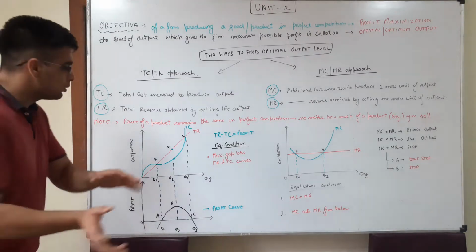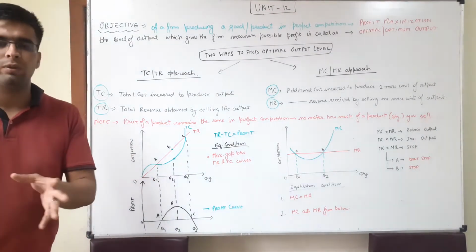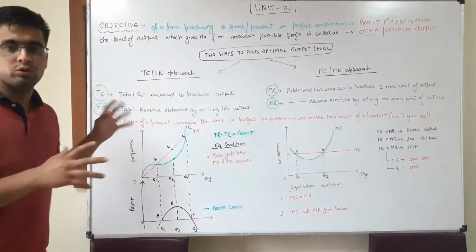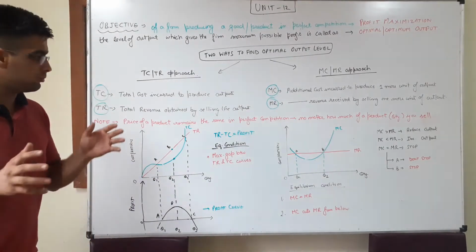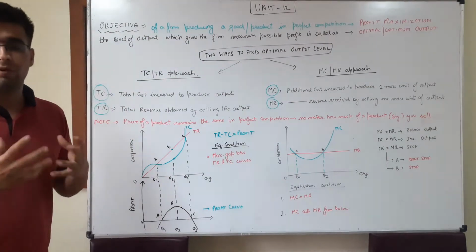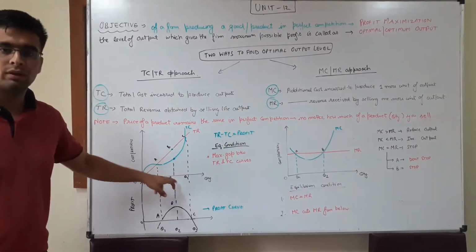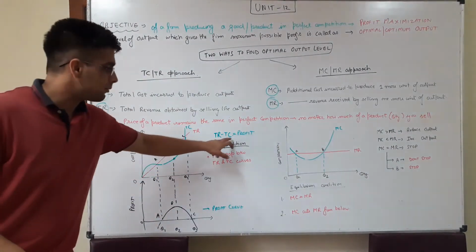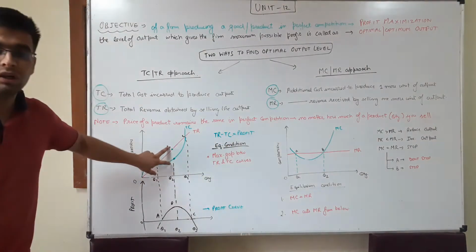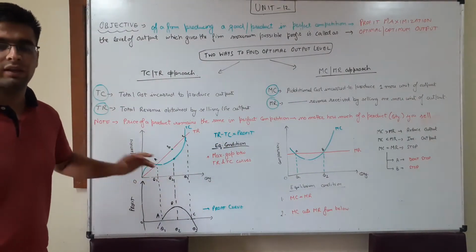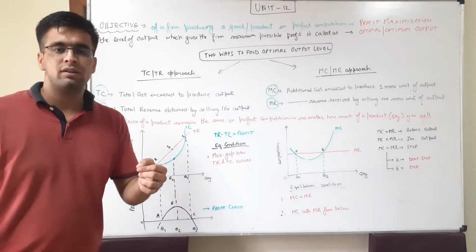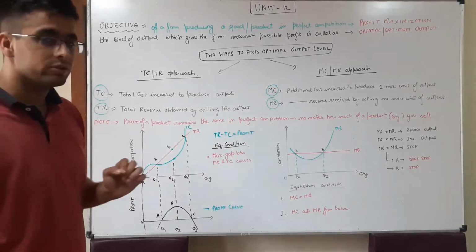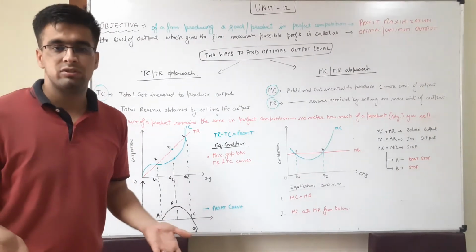So just simply look at this graph and tell me what is the optimal output of the hypothetical producer we are talking about. From my point of view, the maximum profits are given at OQ2. Maximum profits means TR minus TC, the maximum gap between TR and TC curve gives us a quantity where the gap between total revenue and total cost is maximum, gives us maximum profit.